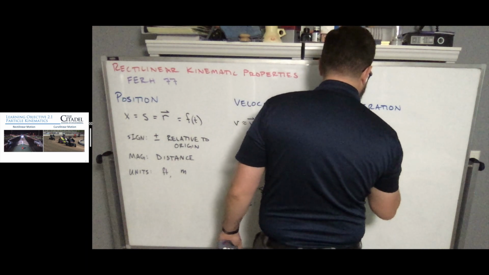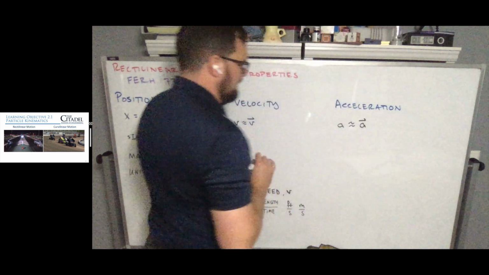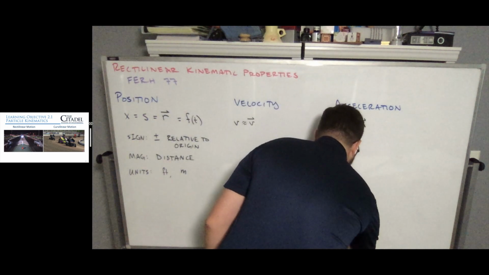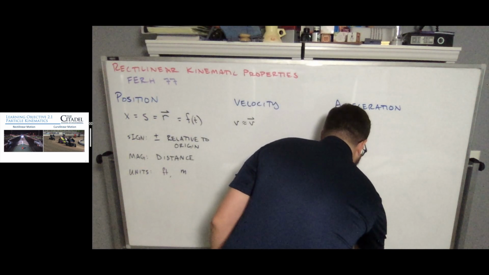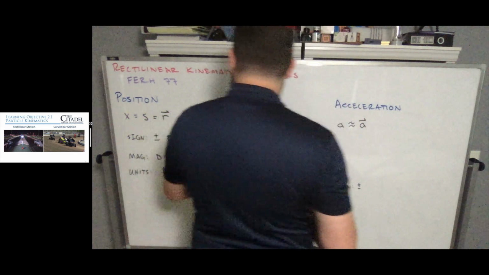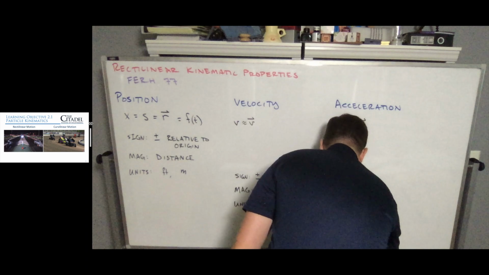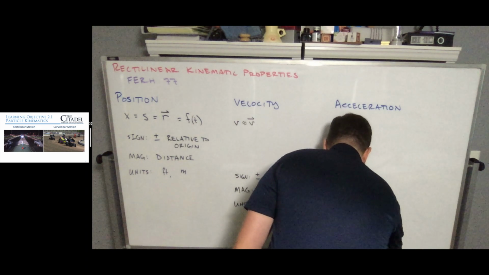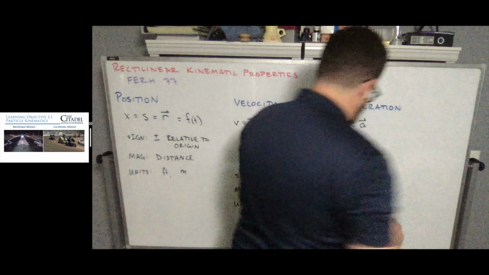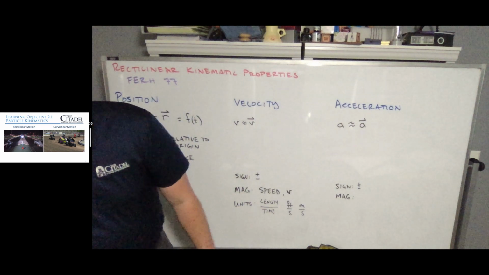Rectilinear, we can think of it as scalar, but really it's going to have a vector hat like there. The sign can be positive or negative. There's a relationship, but it doesn't have to be the same or different from the others. Magnitude is just going to be acceleration without the hat.